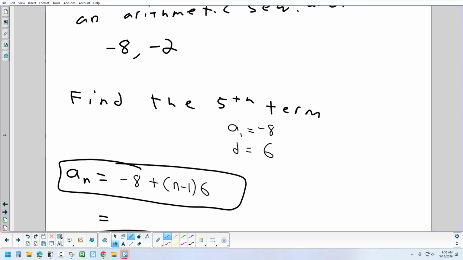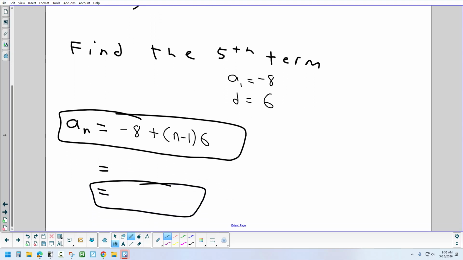We're not going to get into that, but it's just a small adjustment. Like if I give you a different term, we can still figure it out. But we're going to base it off the first term. So now we distribute, and we're going to get 6n, and then negative 8 minus 6 is going to give us negative 14.